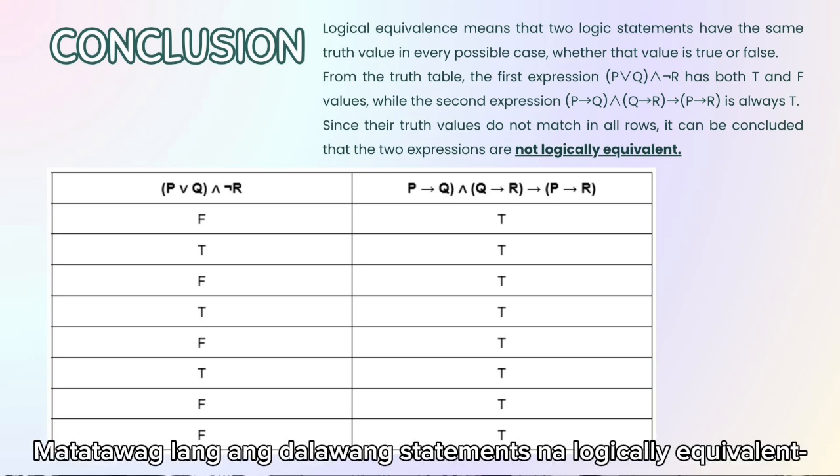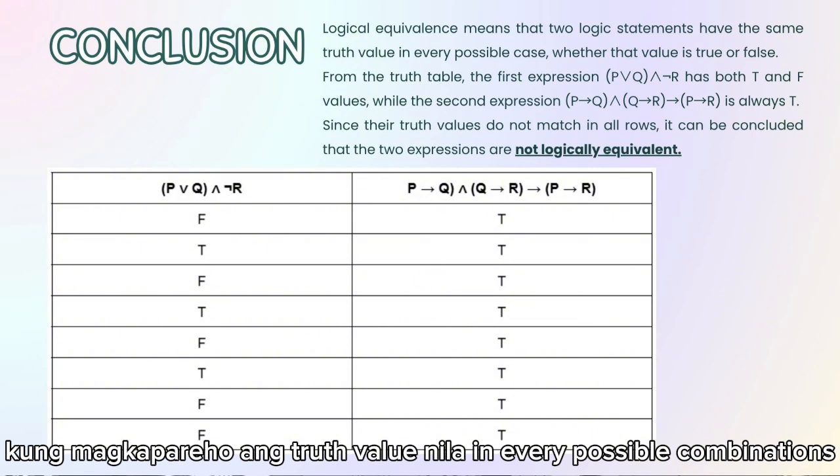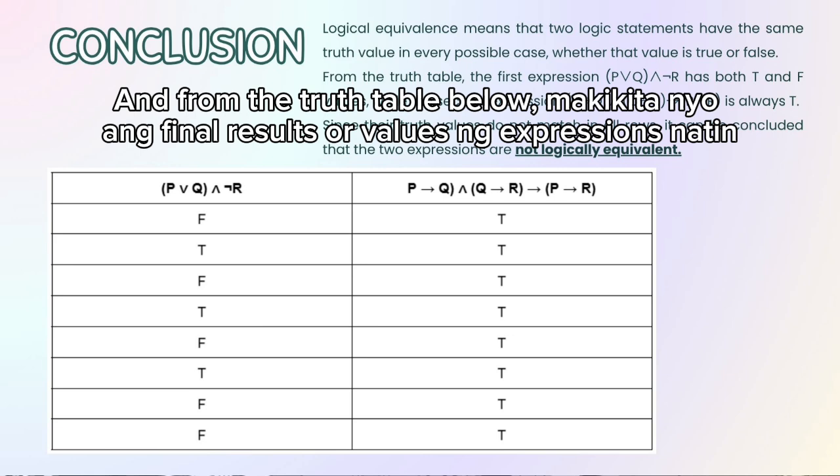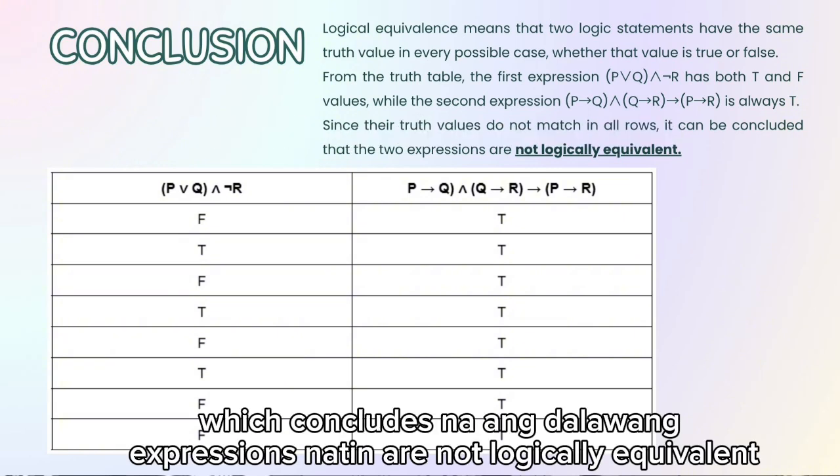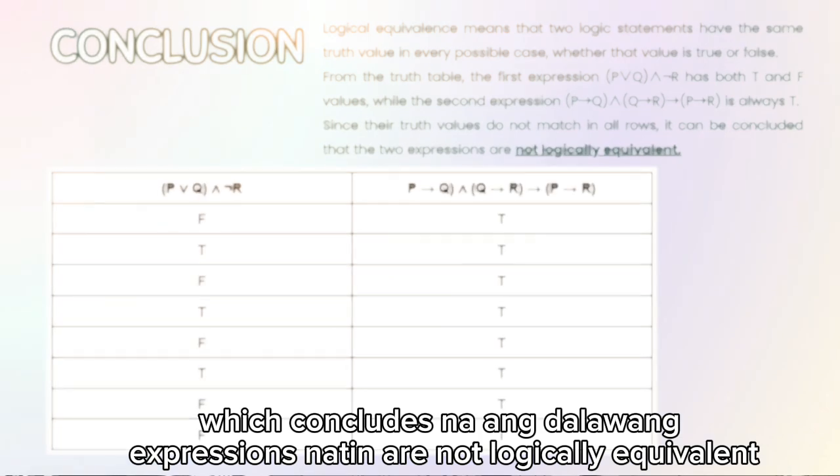Matatawag lang ang dalawang statements na logically equivalent kung magkapareho ang truth value nila in every possible combinations. And from the truth table below, makikita nyo ang final results or values ng expressions natin at hindi nga sila magkatugma, which concludes na ang dalawang expressions natin are not logically equivalent.